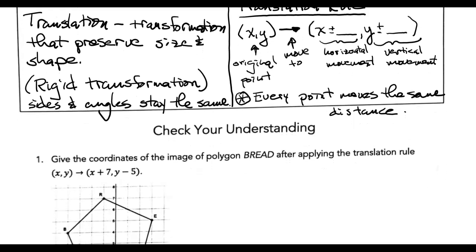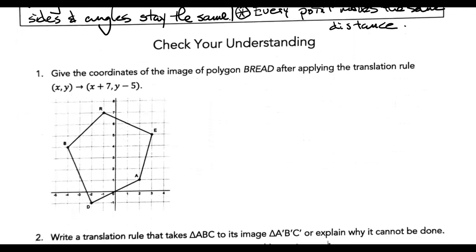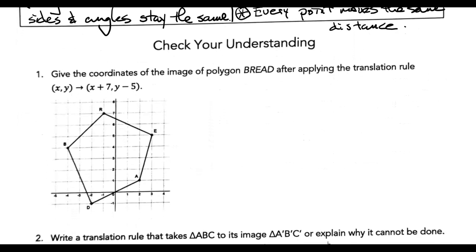Let's take a look at some examples. So for number 1, given the coordinates of the image of polygon BREAD, notice when we named this, we picked this letter B first, and then we just went around. Doesn't matter which way you go around, but you go around naming each point until you name them all. After applying the translation rule, xy becomes x plus 7 and y minus 5.